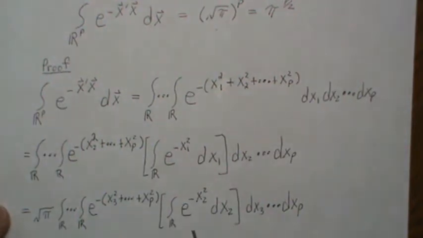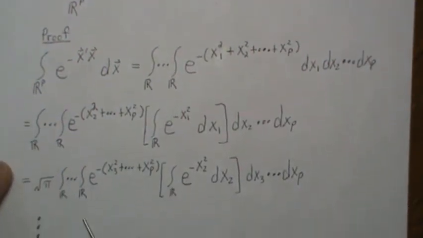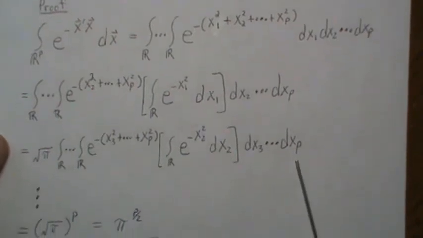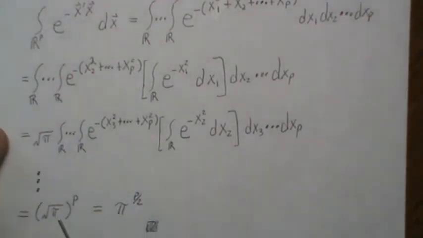And this would be, based on identity 1, the square root of pi. So that goes in. So we have integrated two integrals, and we get the square root of pi squared. And we could just keep doing this for all p variables, and we get the square root of pi raised to the pth power, and that is pi raised to the p over 2 power.